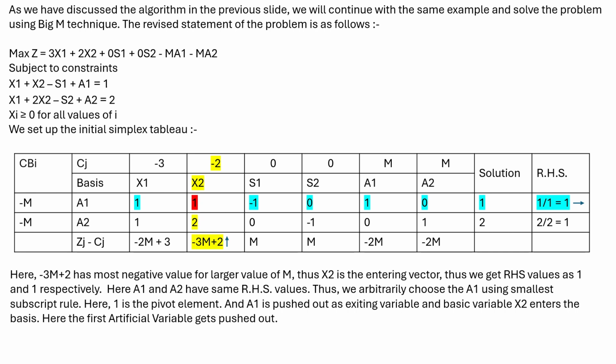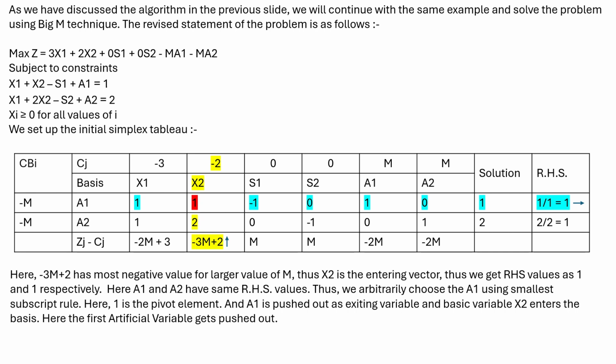We set up the initial simplex tableau, and I would like to elaborate the basic structure or the skeleton of this simplex tableau. Here there are two rows. These two rows represent the artificial variables, or if the problem is not related to the big M technique, then they represent the slack or the surplus variables.